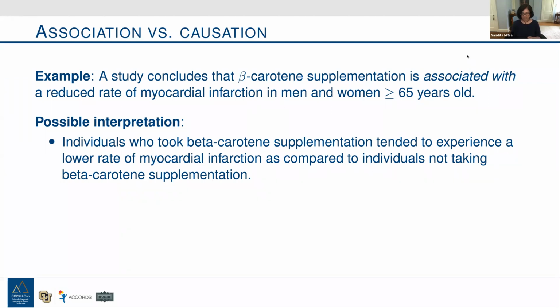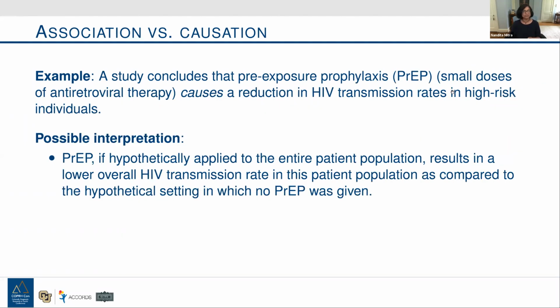But this is very different from talking about causation. So for example, say a study concludes that pre-exposure prophylaxis or PrEP causes a reduction in HIV transmission rates in high-risk individuals.